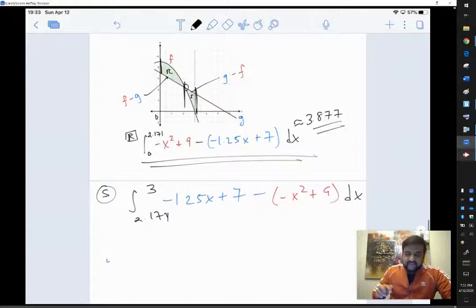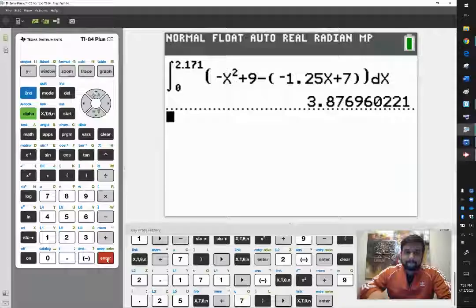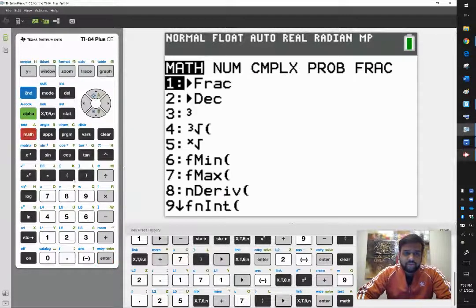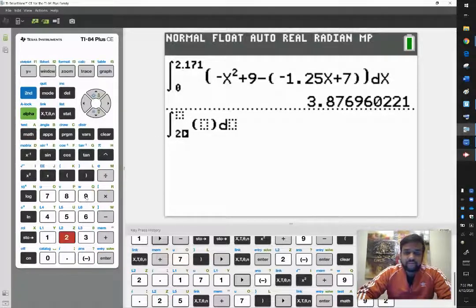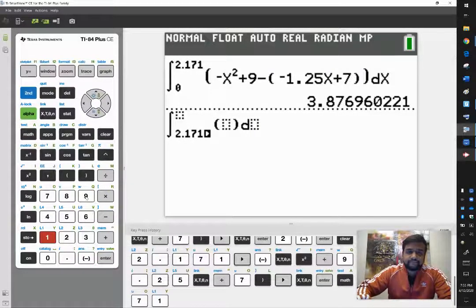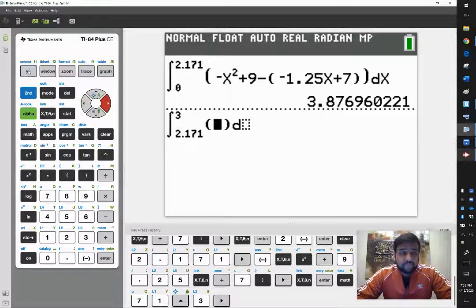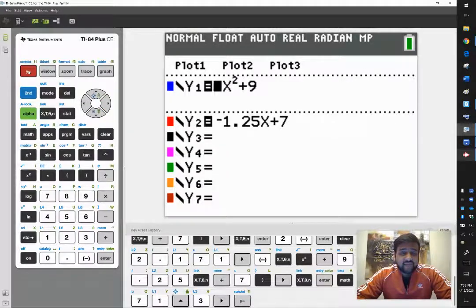So let's go ahead and type that in the calculator. I'm going to show you a bit of a shortcut here. It's not much of a shortcut, but it might help. So currently I have f as negative x squared plus 9 in the Y1 slot, and g, the linear function, in the Y2 slot. So in calculator language, g minus f, which is what I want, is y2 minus y1. This function minus that function.